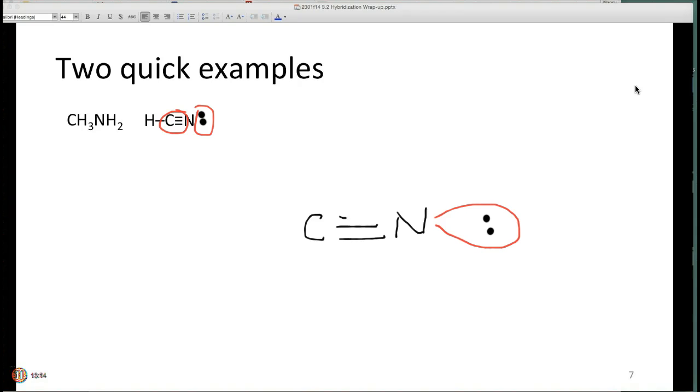So that implies right there, VSEPR says 180 degrees, and that implies right there that it's going to be an sp hybridization.